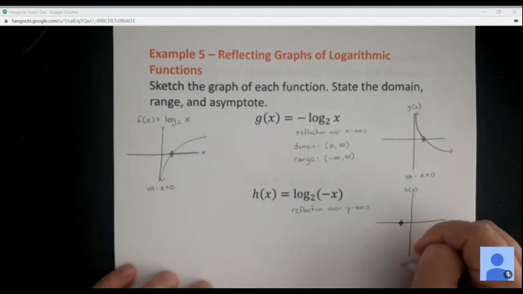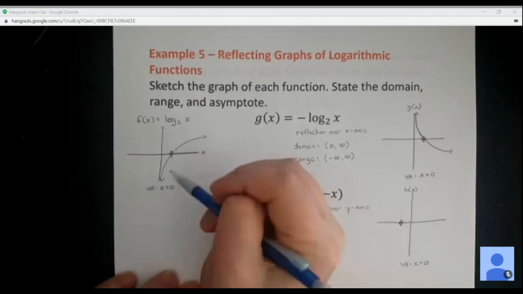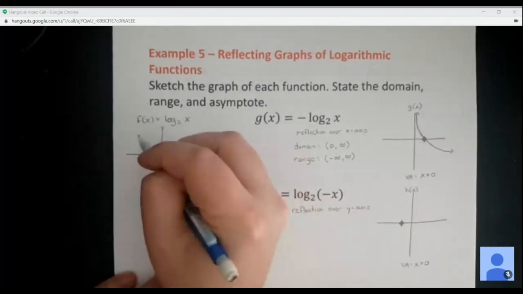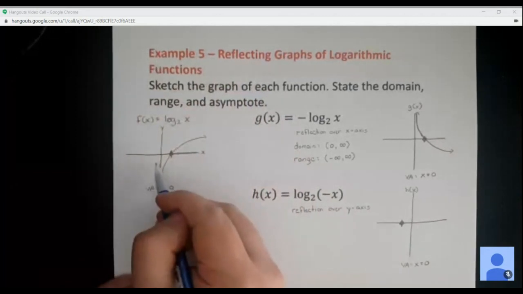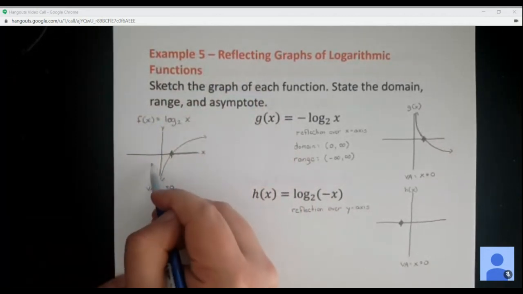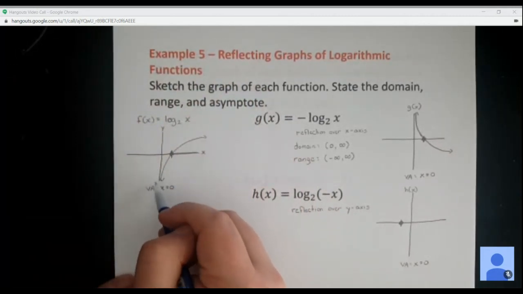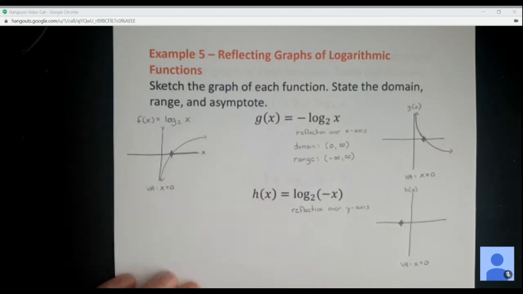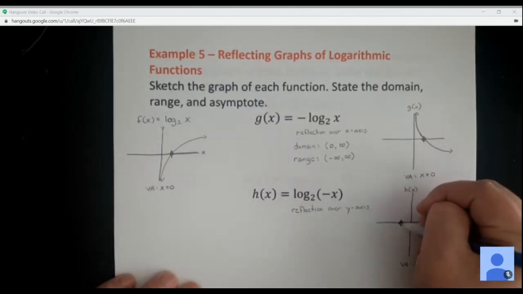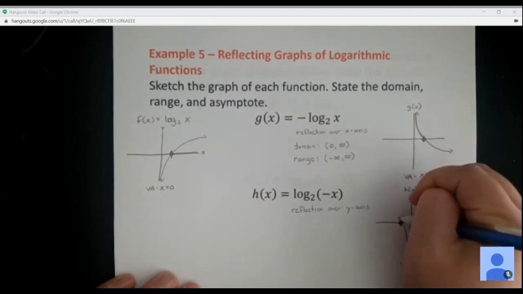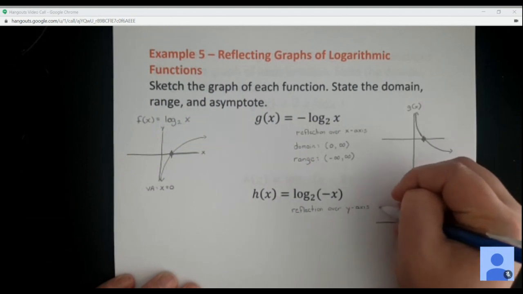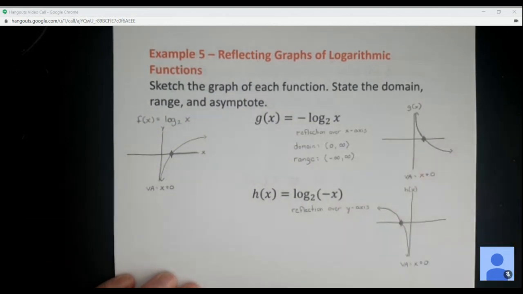So we still have a vertical asymptote at x equals 0, because even if I reflect this curve over the y-axis now, all of this stuff just gets flipped over, but I'm still going to be approaching this axis at x equals 0, just from the other side now. So what my graph is going to do is it's going to curve down this way. It's going to go up and to the left on this side now.